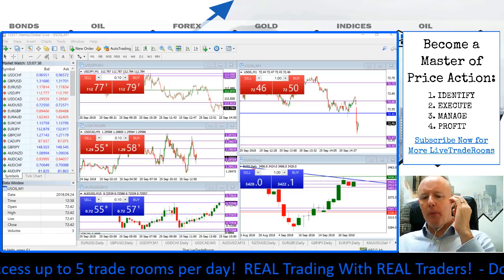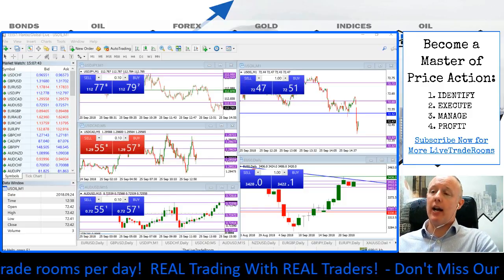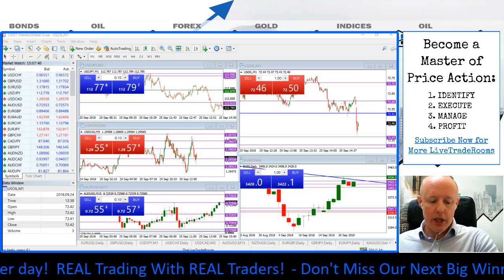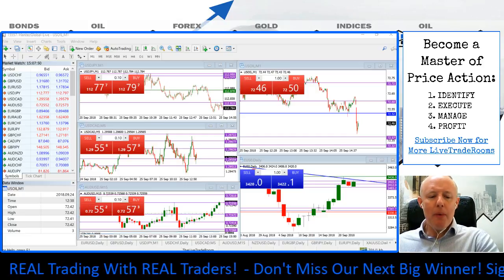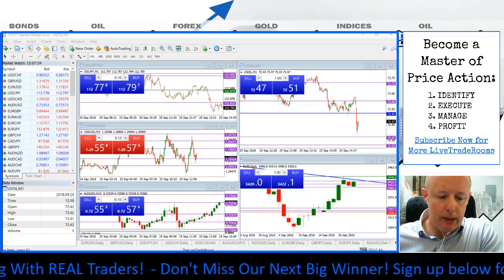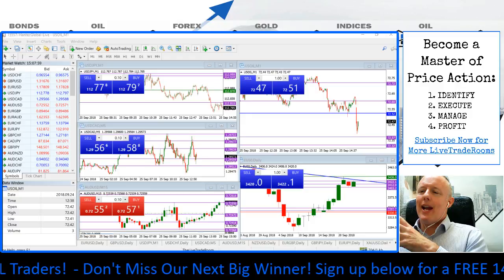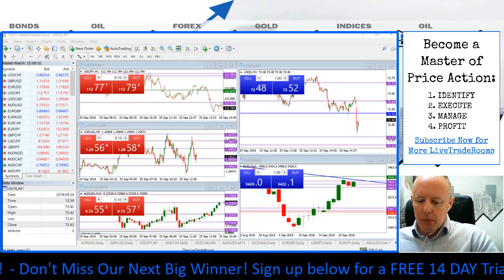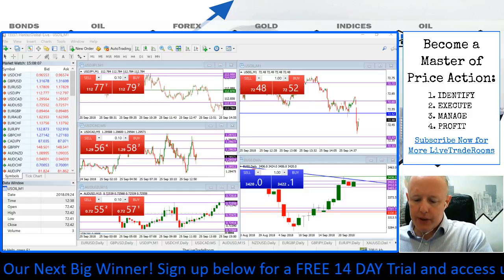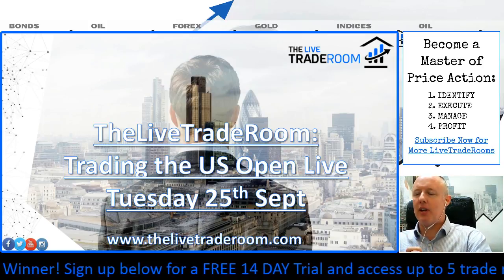What we look to do is to identify higher probability trading opportunities in relatively normal market conditions, and we have a process where we look to execute trades in a very consistent and disciplined manner, and with discipline with regards to protecting your capital as well when you trade.